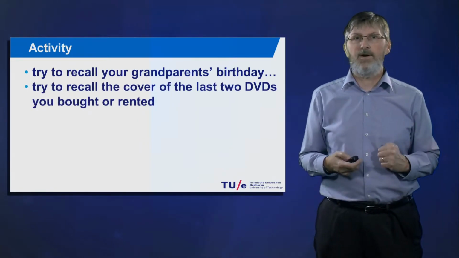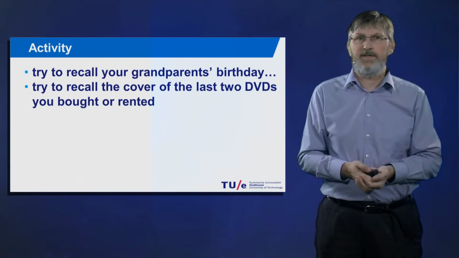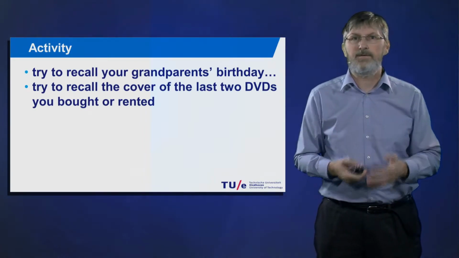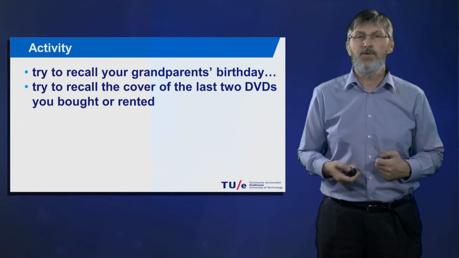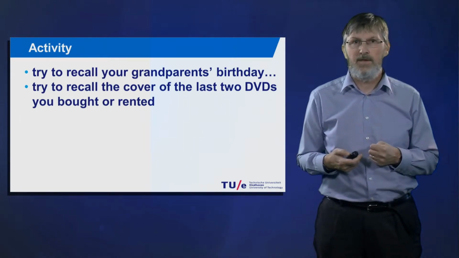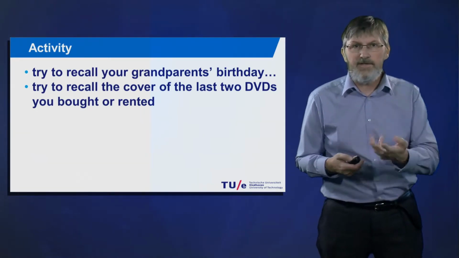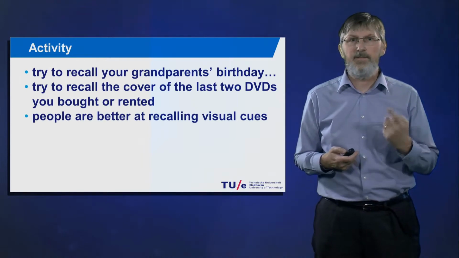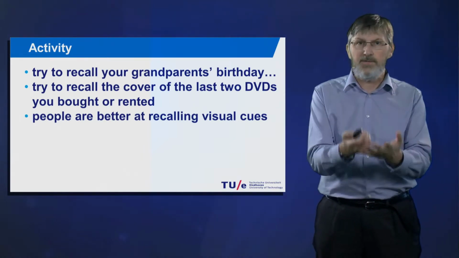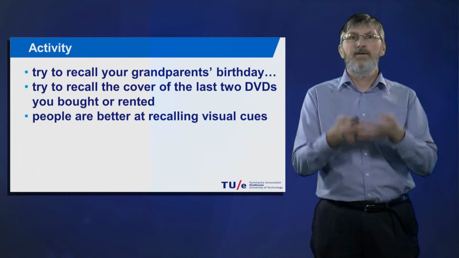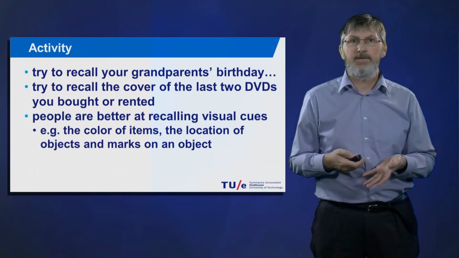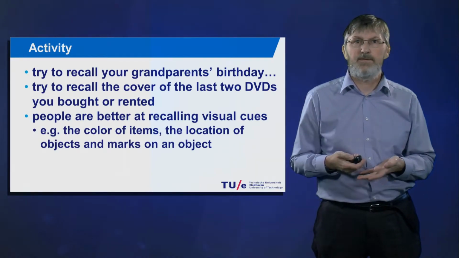Now try to recall the cover of the last 2 DVDs that you bought or rented, or the last 2 YouTube movies you watched. You will see that this is easier, and this is easier because it is visual. And abstract concepts are not visual.